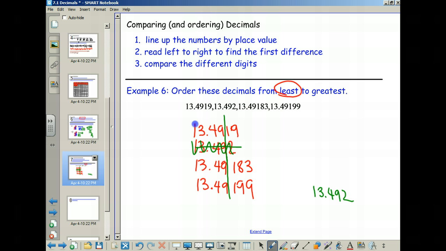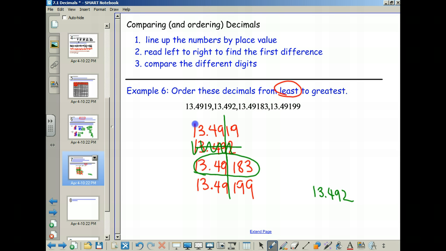Okay. All right, so I have three more. After the green line down, I've got 19, 183, and 199. Which one is the smallest? The first top one has the fewest digits, but it's not the smallest. The one that ends in the 8, 3.